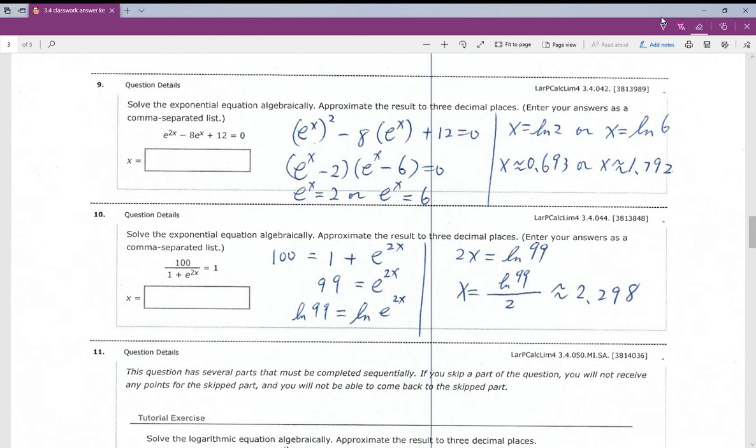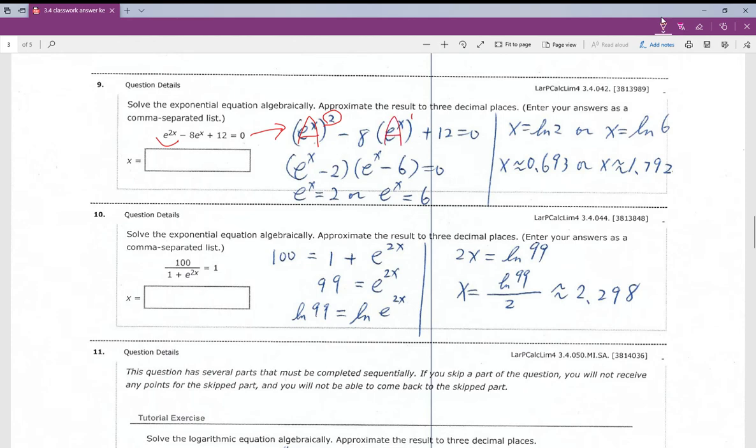Number 9. If you take a look at my work here, I simply change 2x to become second degree. So I have first degree here. Now, I can call this one a, so a squared minus this.